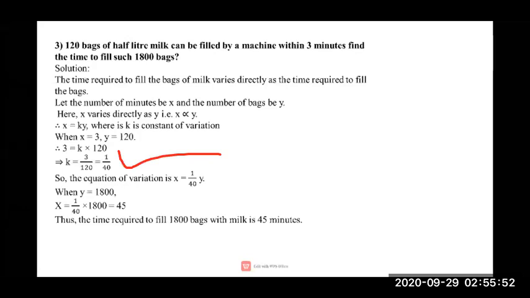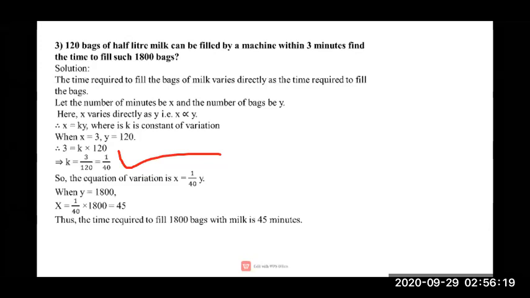Now we take k to one side, so 3 should be divided by 120. We will get k as 1 upon 40.